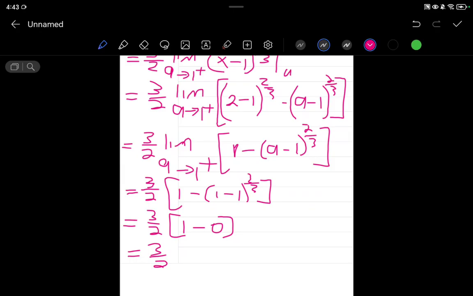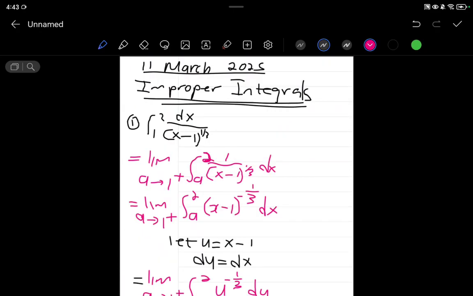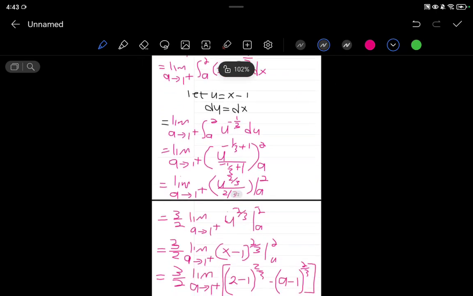Is there anyone with a question? Oh, yeah, please ask. If we do the integral first and then do the limit after, yeah, we're going to have a problem. It would be wrong.